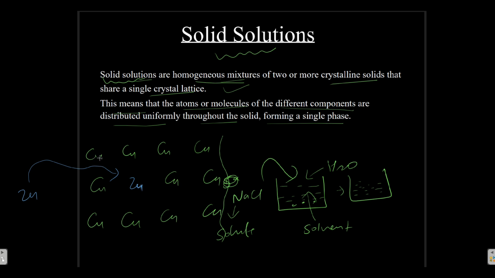Now, as we are seeing on the atomic scale, it seems different, but if we see it in bulk, from outside in the real world, will we see this zinc atom over here? No, we won't see it. That is, a solution has been formed. In this case, this will behave as solute, and this whole bulk will behave as solvent. So a small amount of solute came over here, stayed over here, and made a solution that is called a solid solution. Now let's see the types of solid solutions.